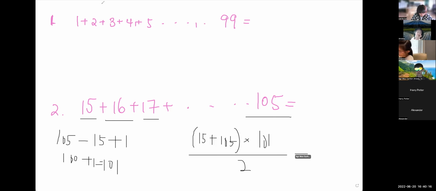I guess use a calculator to get the answer if you want, because that is big numbers. But you should get something along the lines of 6,060.